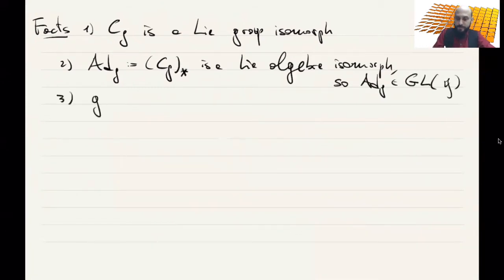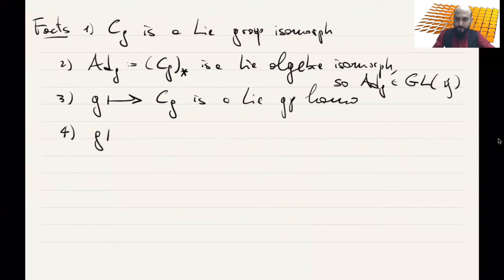Then the map that to every g associates C_g is a Lie group homomorphism. But the important part is this one, that the map that to every g associates Ad_g is a Lie group homomorphism.